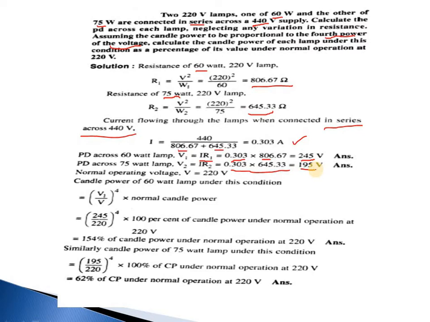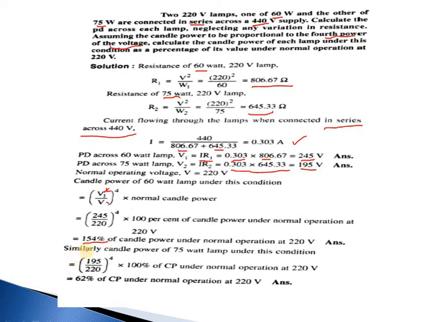So the candle power for the 60 watt lamp will be V1 by V, where V1 is 245, the potential difference across the 60 watt lamp when connected in series, divided by V, which is the actual rating for the lamp, the whole to the power 4, because as per the problem it is the fourth power of the voltage, into the normal candle power, that is 100%. So the result is 154% of the candle power under normal operating condition at 220 volt.